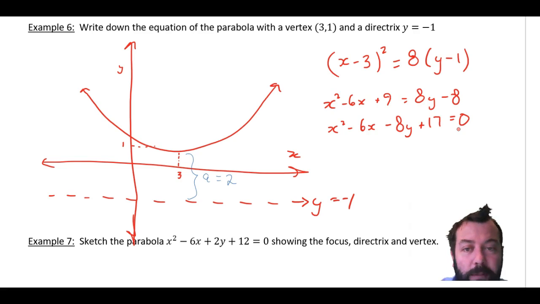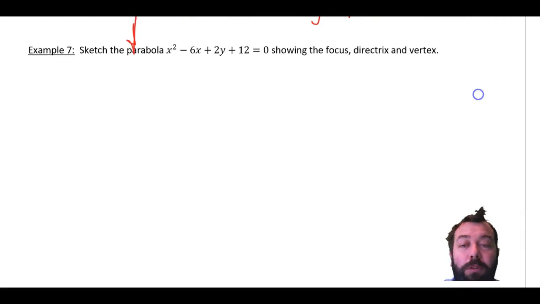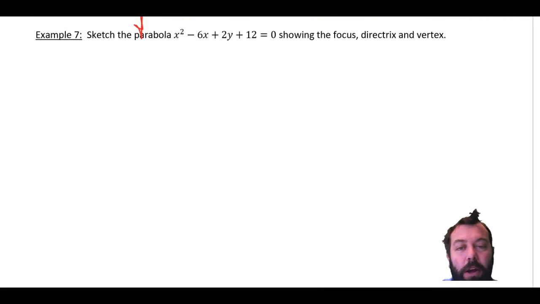Now that a parabola with a vertex at 3, 1, and a directrix of y equals -1 is not necessarily apparent from that equation, but we know that we can go from that description to that equation of a parabola. We're going to now go from an equation like that to a sketch and a description of a parabola. And that will finish us off. Let's see how we go.